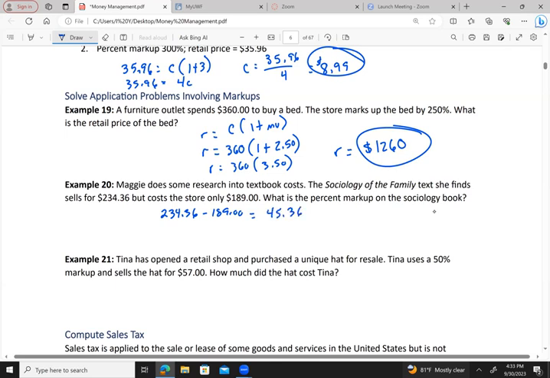That's the markup amount. The percent would be 45.36 over 234.36 times 100. 45.36 divided by 234.36, and we get 19.35%.